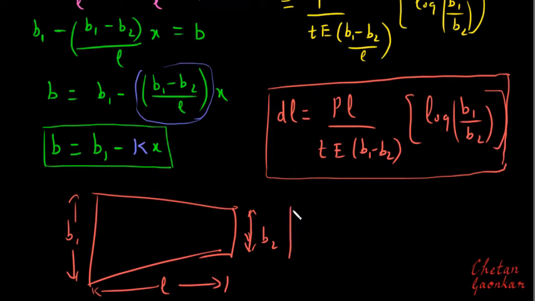So for this kind of rectangular cross section of uniform thickness T, we can find deformation in this fashion.